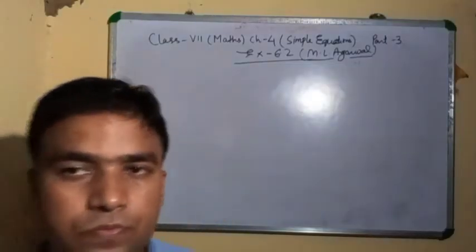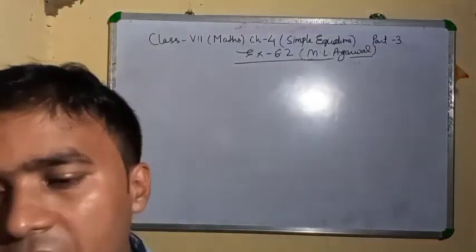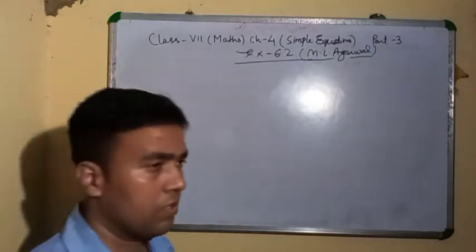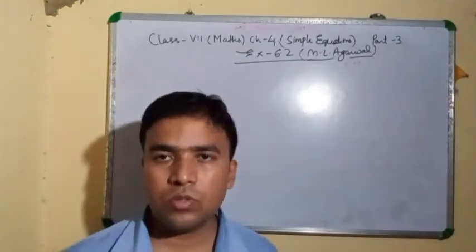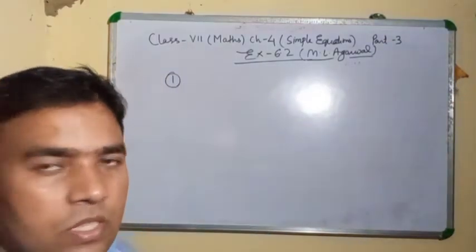Exercise 6.2. First question. If 7 is added to 5 times a number, the result is 57. Find the number. Clear? So that number we don't know. Let the number be x.